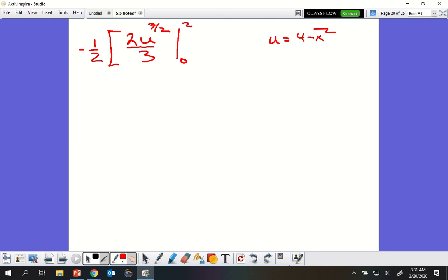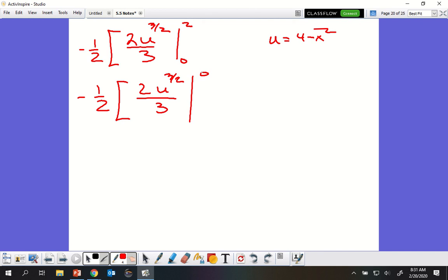This way also works, especially with the u substitution. In this case, my x value is 2, so plug in 2. That's going to be 4, right? 4 minus 4 is? Okay, so I'm going to u-sub my bounds. Now plug in the lower bound.